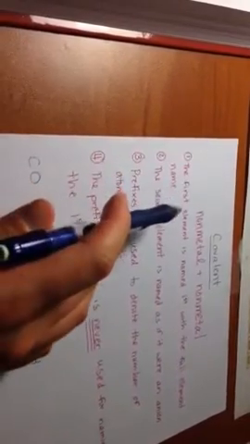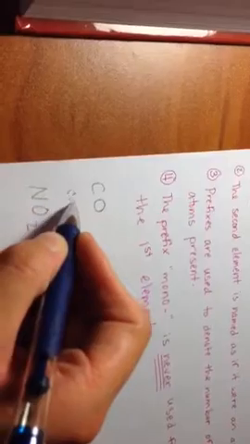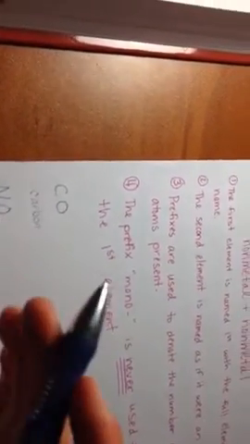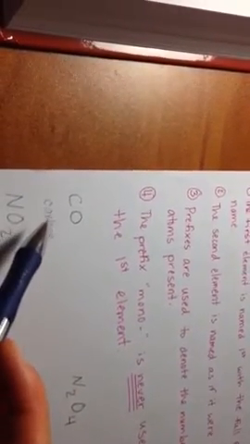Now let's name, according to the first step, the first element just with its name. This is carbon, so we're just going to call it carbon. Note, since it's the first element and there's only one of them, we don't need to add a prefix. So we don't call this monocarbon.